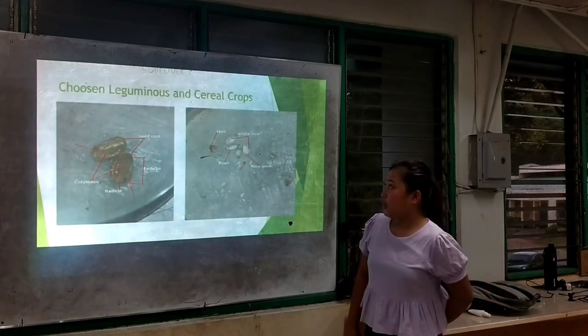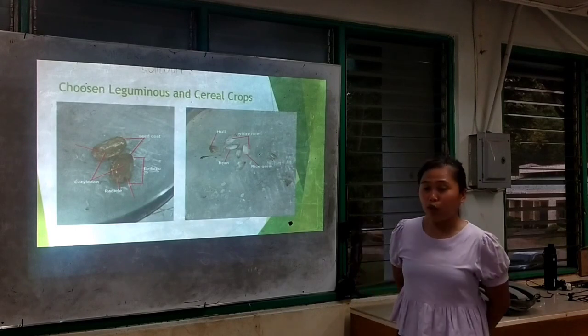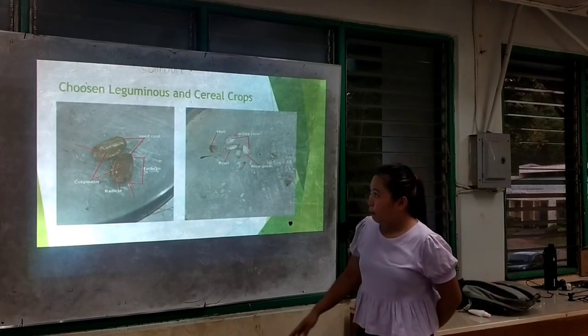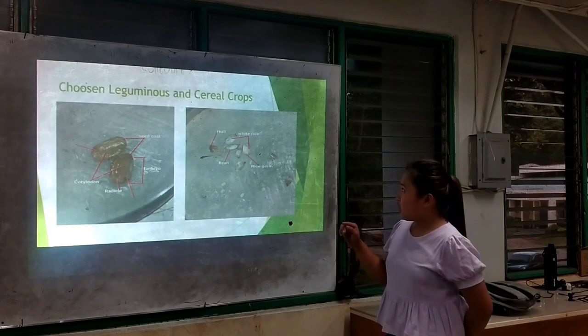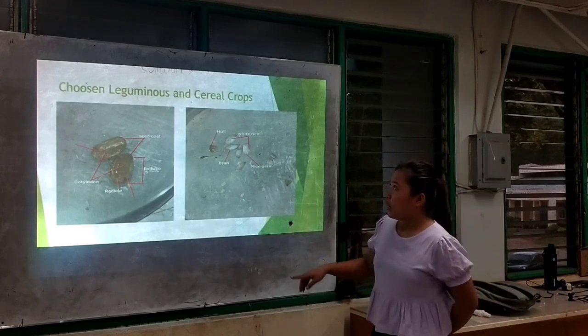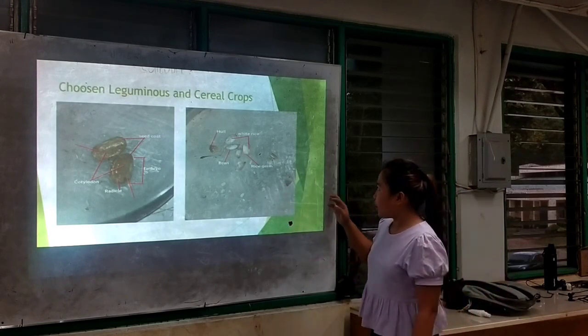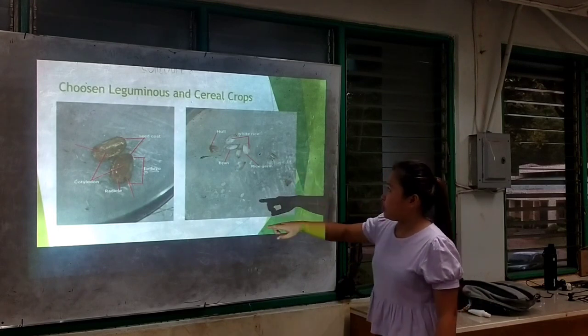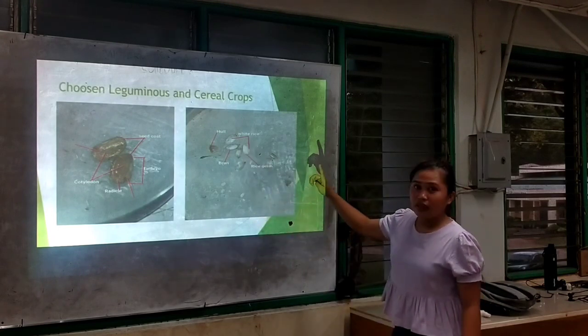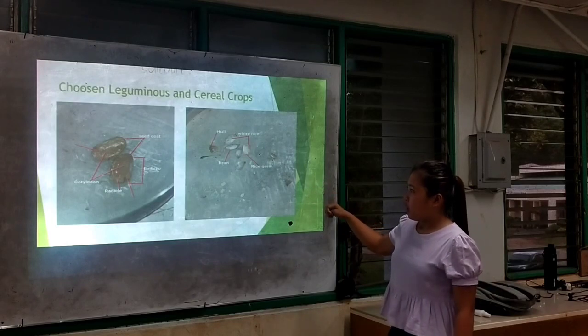The chosen leguminous and cereal crops are cowpea and rice. In the structure, the cowpea has a seed coat, while rice does not.